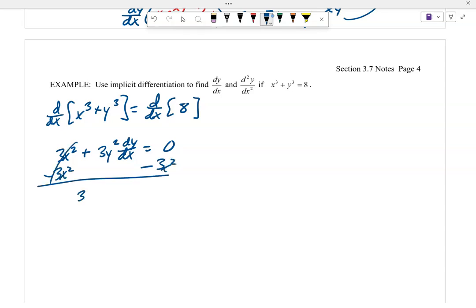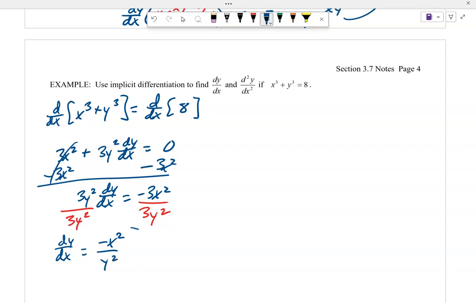And we've got 3y squared dy/dx equals negative 3x squared. And go ahead, divide by that 3y squared. And so it looks like our dy/dx here ends up being negative 3 over 3, which is just a negative, x squared over y squared. Okay, here's our first derivative.